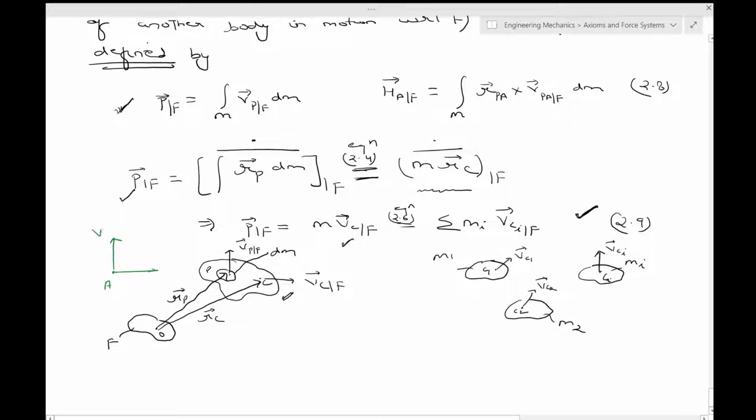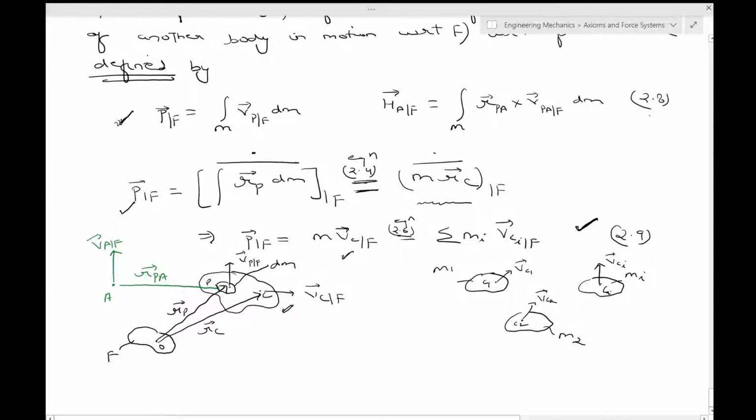So this has a velocity of A, and this particular vector will be RPA. That's how the moment of momentum about A for this body, this is the body B, can be found out.